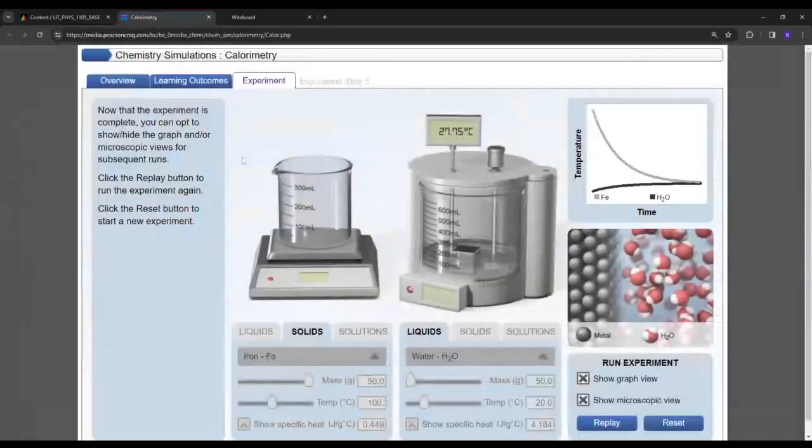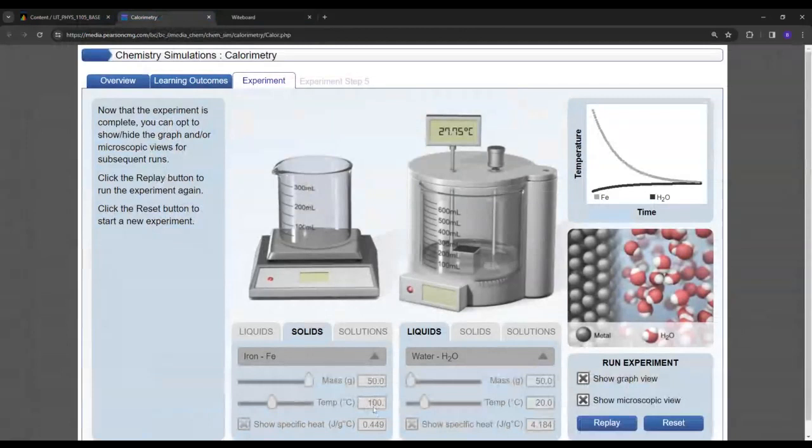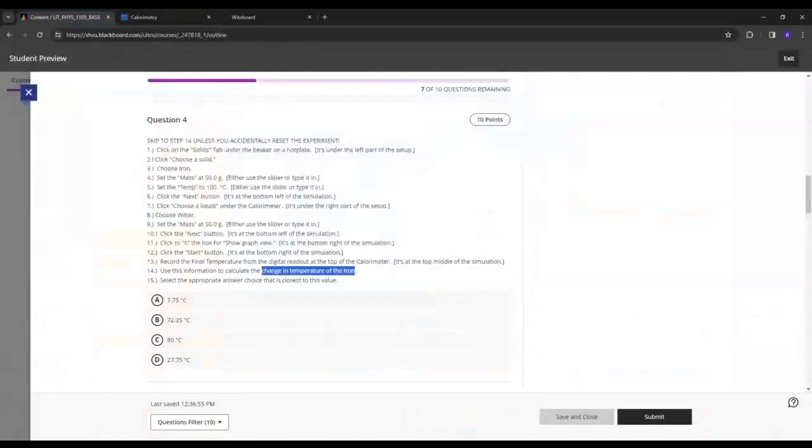Okay, so we can look back from here. The iron was 100. And we're not looking here at the water, but at the readout to see what it got down to. We know it's somewhere between 20 and 100, because those were our starting temperatures for each thing, but this readout is going to tell us basically how far between. Okay, so we'd have 100 minus 27.75.